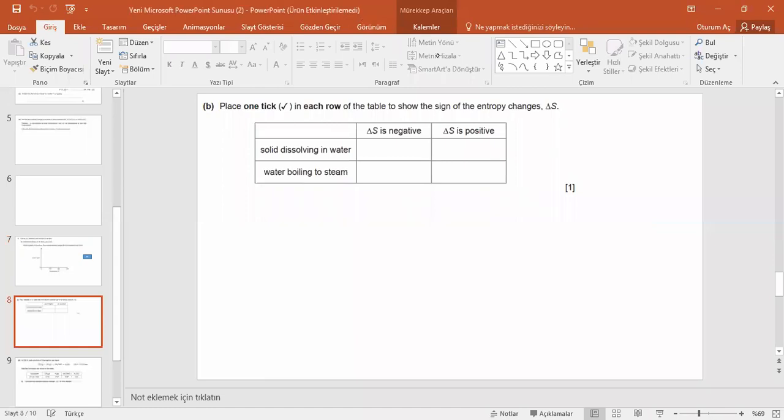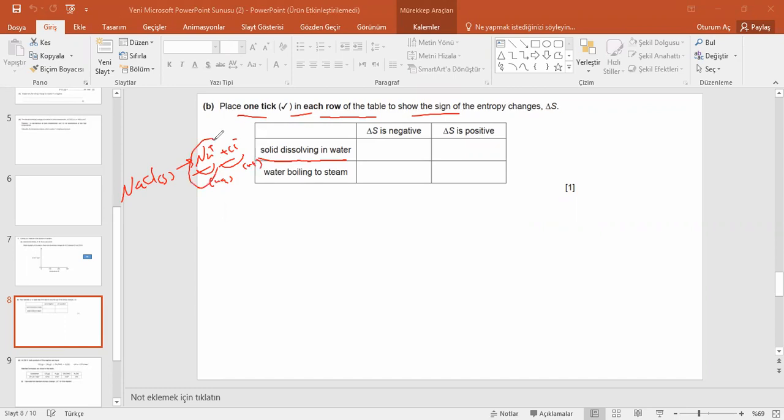This is very simple. Place this in each row of the table: when a solid dissolves in water, delta S is negative or positive. Guys, look, for example, we have NaCl, which is solid. We dissolve it in water, Na+ and Cl-. We see that we get ions, moving ions, aqueous, and here we got aq.